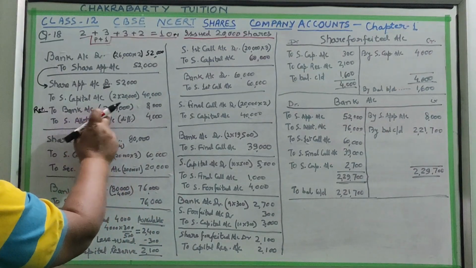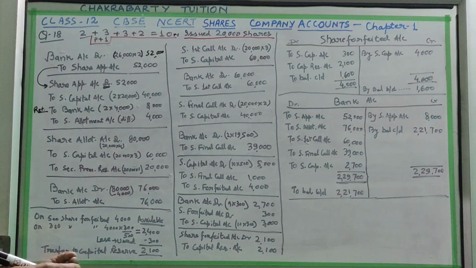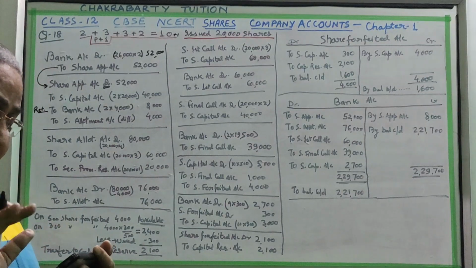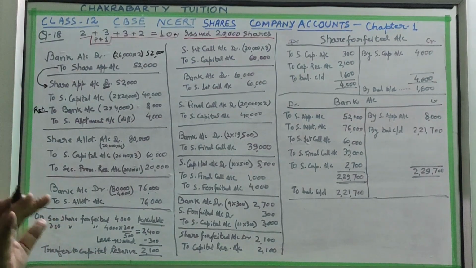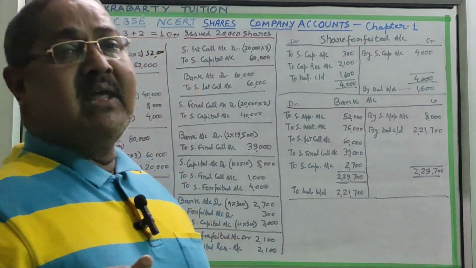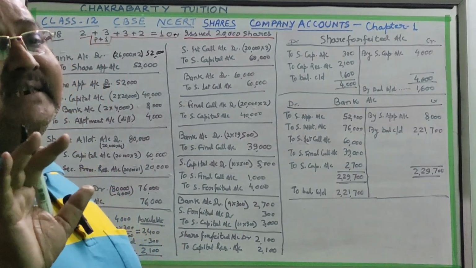Okay, this is the bank account return. And the rest, the difference, remains with them, because pro rata allotment was done. When pro rata allotment is done, the excess amount received is not returned, it is retained.